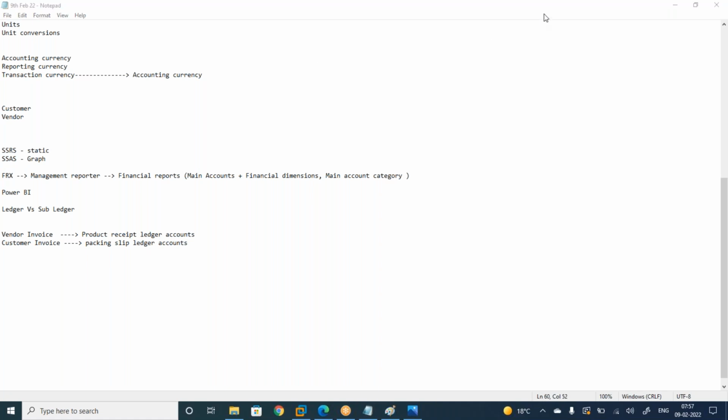Any more quick questions please? If nothing, then yes please. Actually, I created a dimension set like main account plus department, but it's not showing in the trial balance. I created the balances also. So there is some other thing to show in the trial balance dimension set.